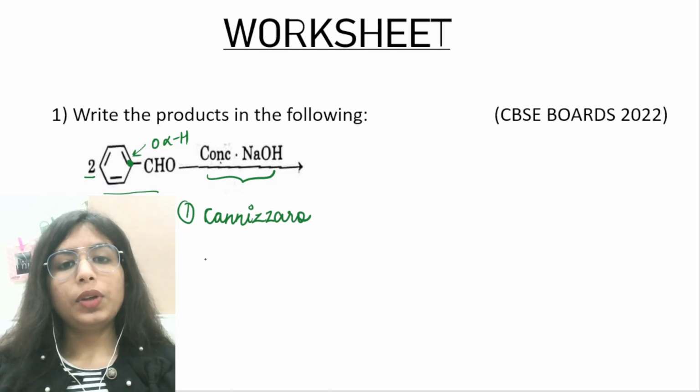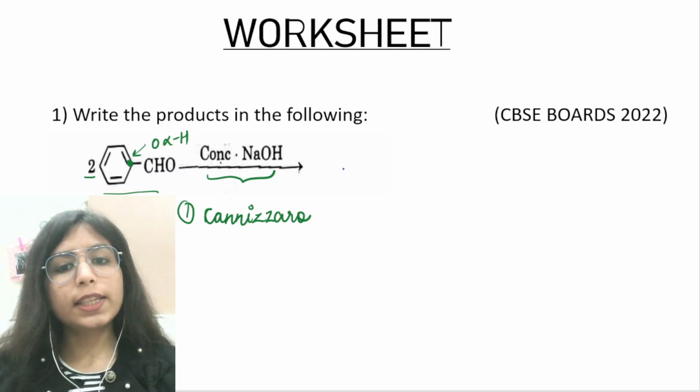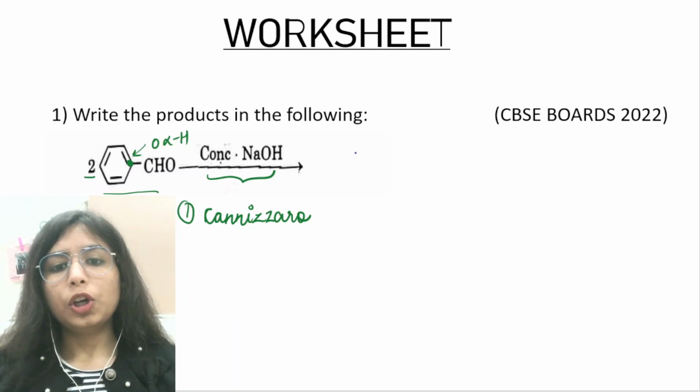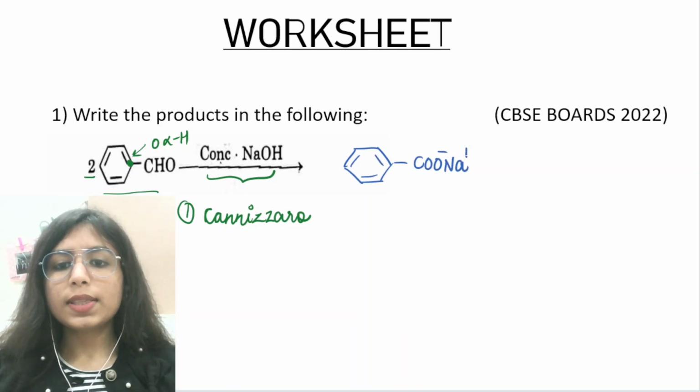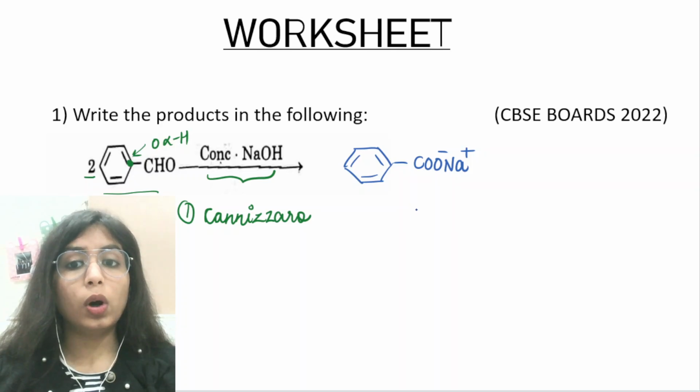So in Cannizzaro reaction, we get two different types of products. First is the oxidized product and second is the reduced product. So here, if I talk about the oxidized product, it will be the sodium salt of my carboxylic acid, which is COO negative Na plus. We talked about it already that it does not exist as the acid but instead as the salt.